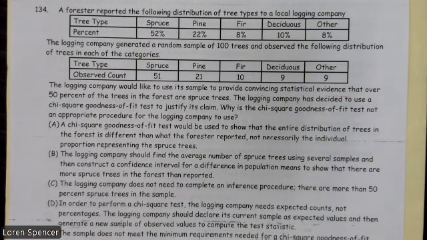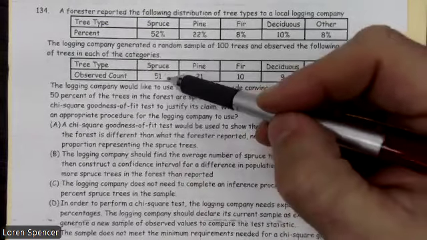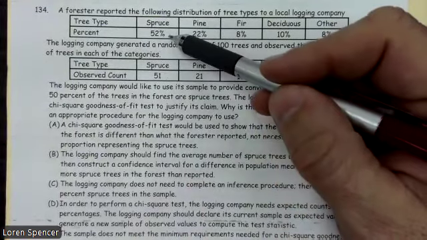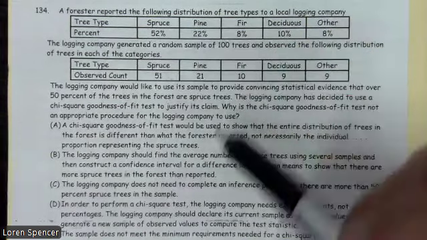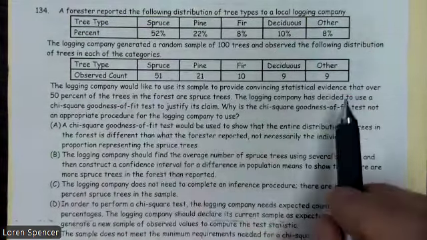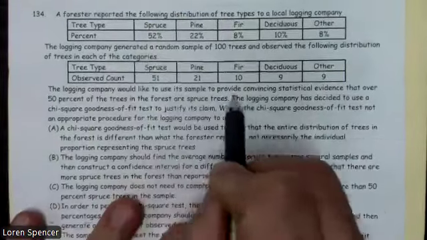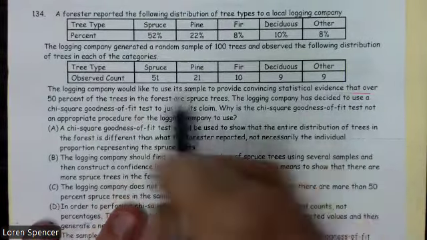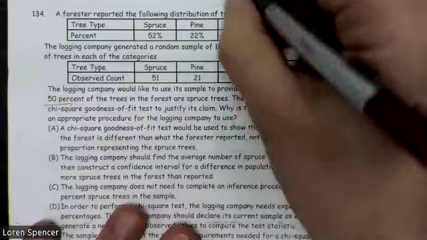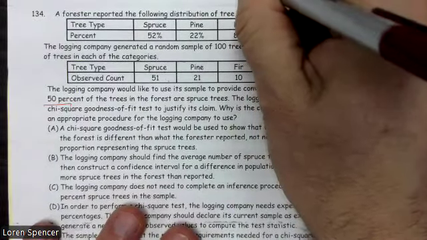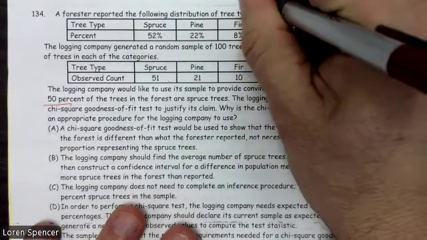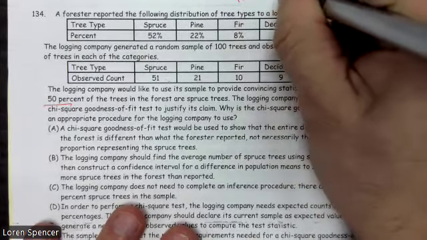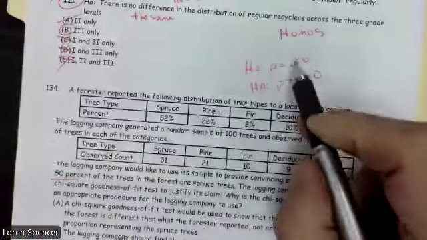Chi-square goodness of fit just says, hey, does our observed match the expected? So it's asking, does it match it? What they ask for is for the logging company to use its sample to provide convincing evidence that over 50%. Well, that would be H0: p equals 0.50, HA: p is greater than 0.50.